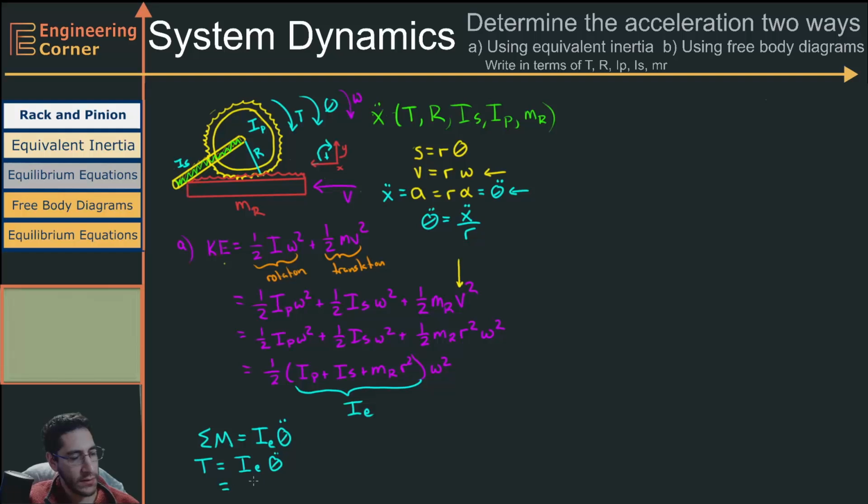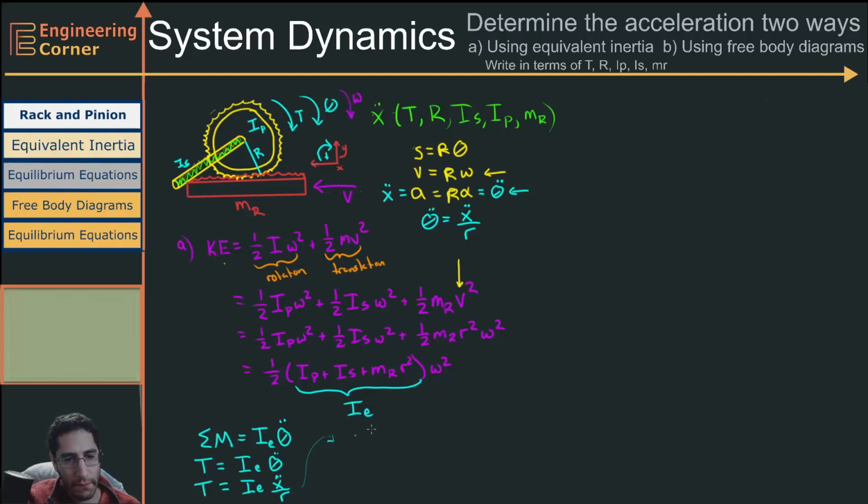So torque is equal to I_E times x double dot over r. And I can multiply that r across. So let's go over here, and let's do it in terms of capital R, because capital R is the notation I was using. So all these really should be capital.